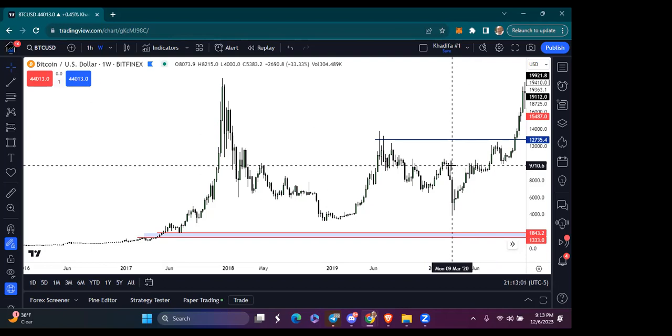In the previous 2 years, Bitcoin did what at each halving? It went up in price. So on this week right here, March the 9th, I sent out a post on Facebook telling people that Bitcoin halving is coming.